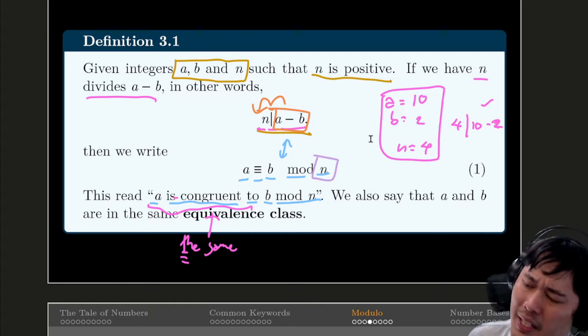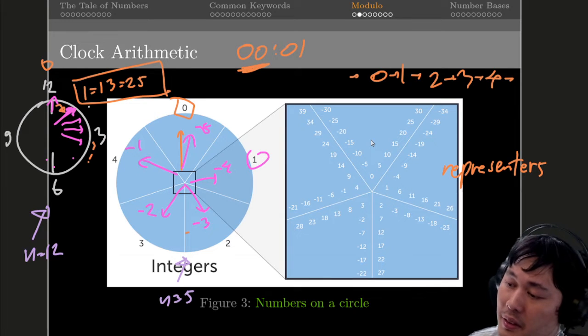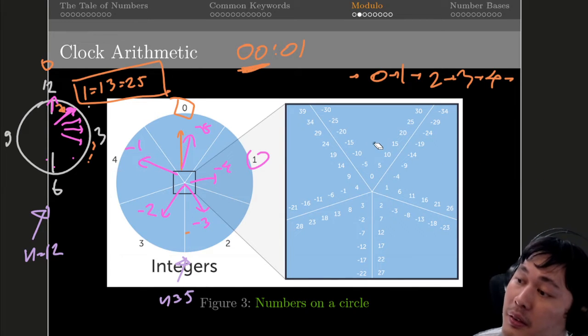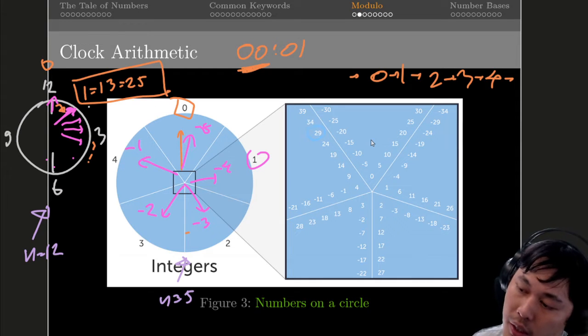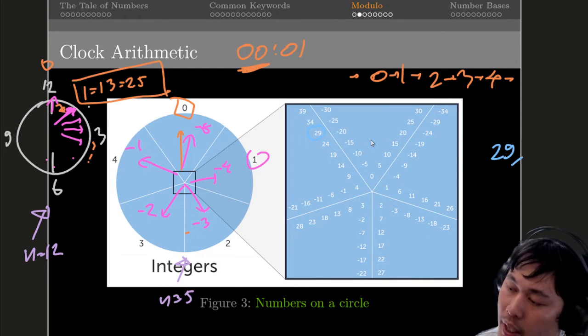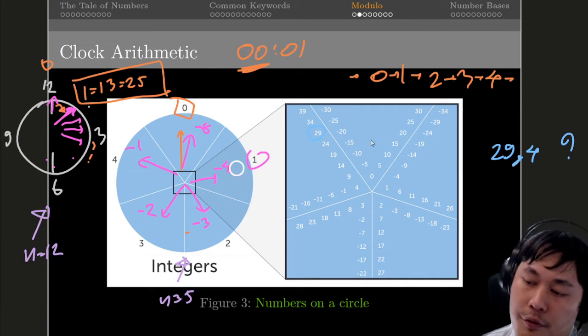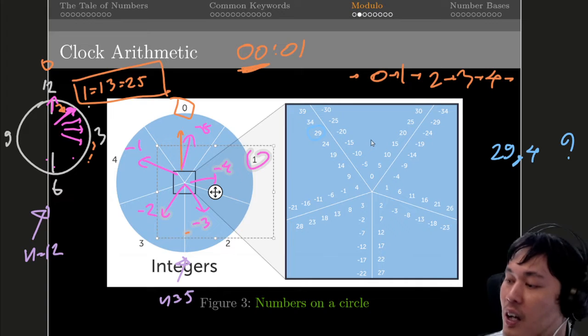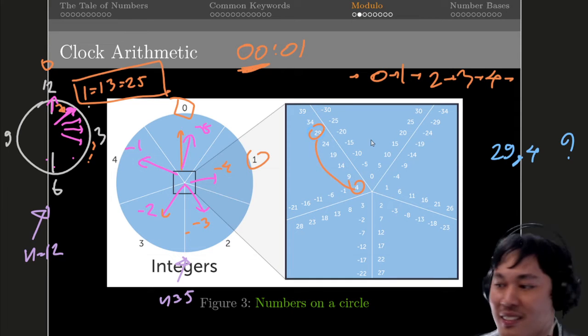What do you mean by that? Well, if you go back here, it is simply asking if two numbers are in the same region. For instance, if we ask you whether 29 and 4 are in the same section around this 5 section clock, you will say, oh yeah, they are in the same section.